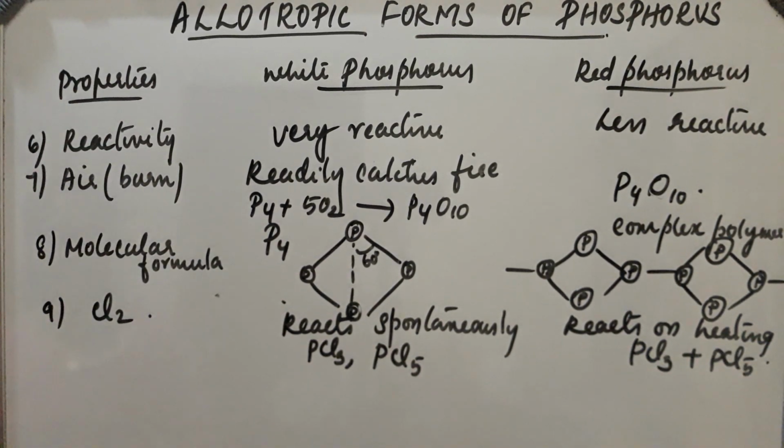Next, white phosphorus also reacts with boiling NaOH. It dissolves in boiling NaOH in an inert atmosphere and gives phosphine.